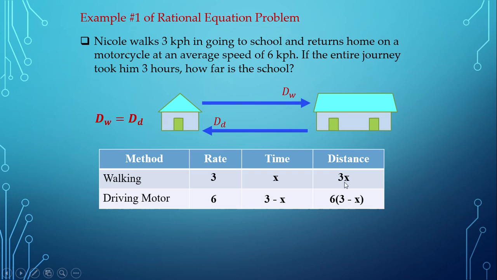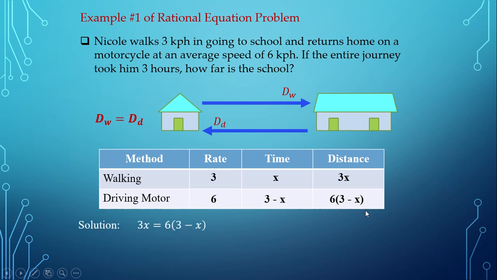Speed is distance over time. So to compute for the distance, that is rate or speed times time. Distance for driving a motor is speed, which is 6 kilometers per hour, times the time, 3 minus x.